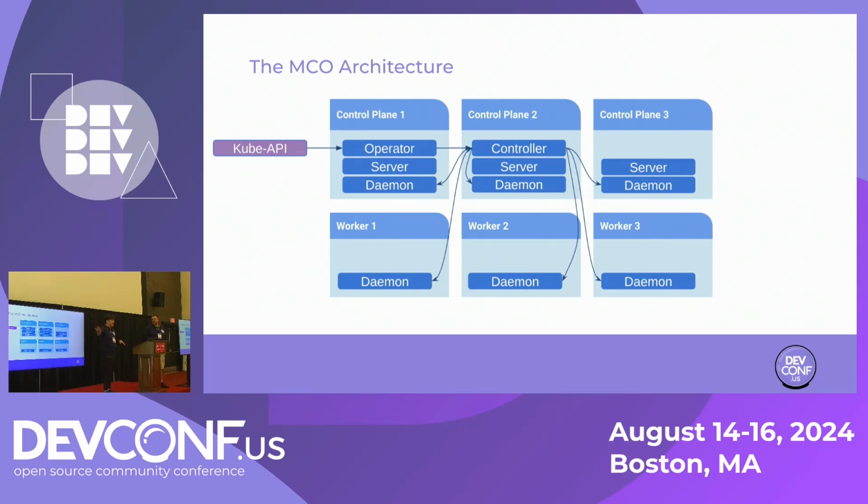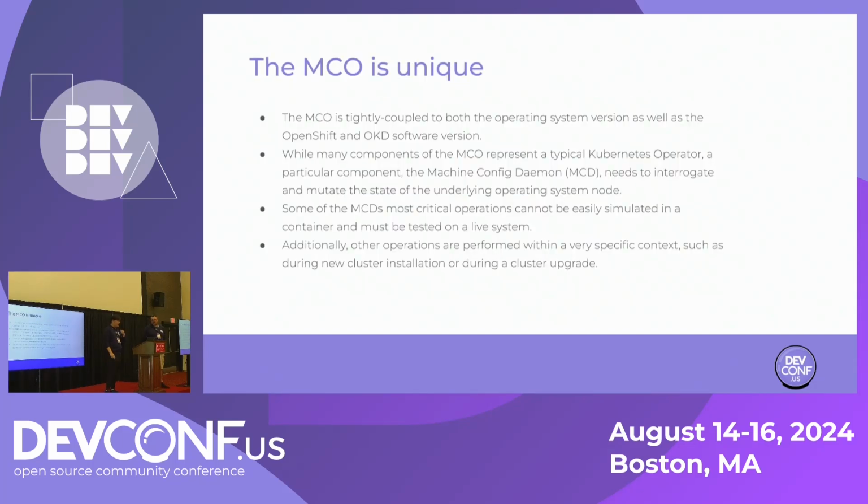This operator, even though we call the whole thing an operator, is really a variety of different pods, starting from an operator pod that manages the rest of the deployment. And so to test the whole system, you must have a fully formed cluster that is able to run all of these components and is able to upgrade the operating system as part of that, right?